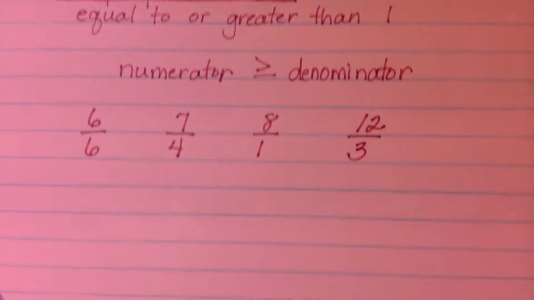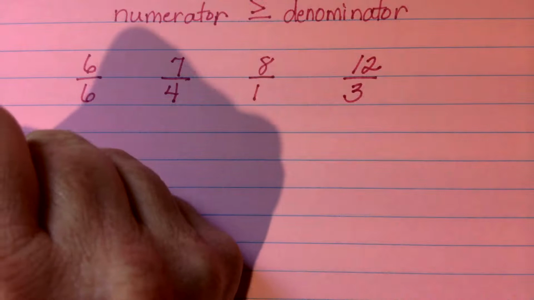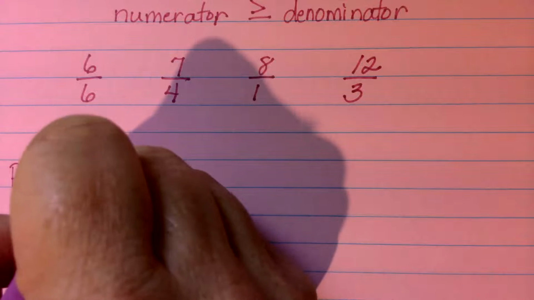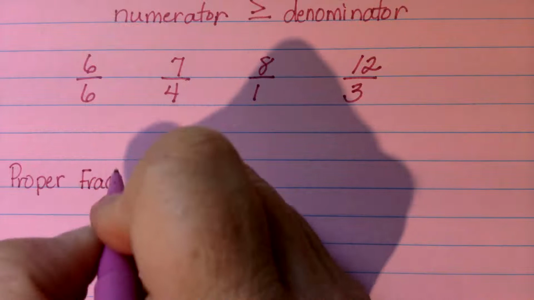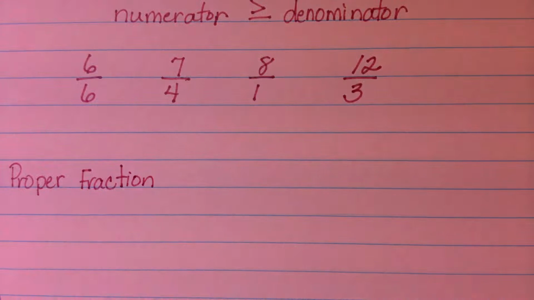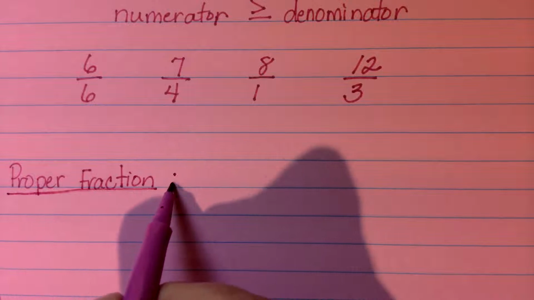Your next vocabulary word is going to be proper fraction. And I don't know why if we call an improper fraction an IF, we don't call a proper fraction a PF, but we don't.